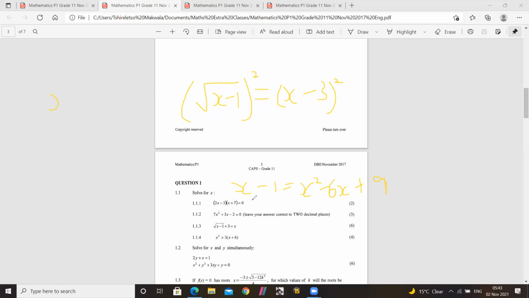Then from here on, you just solve for x normally. You're going to get two answers for x. So let me show you the answer. Here's the memo.